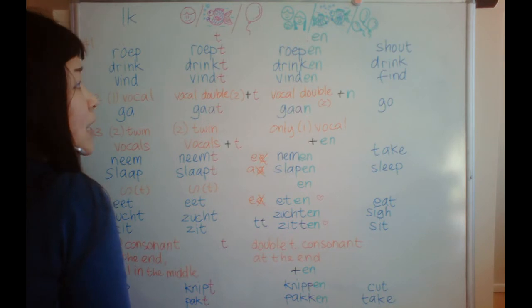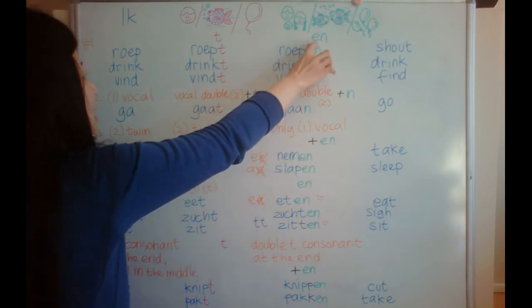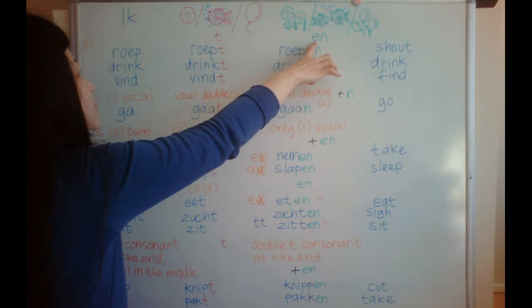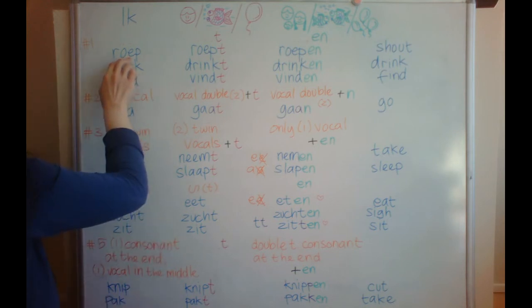And if the subject consists of more than one or many, you put, in Dutch, en. This works if it has two vowels.